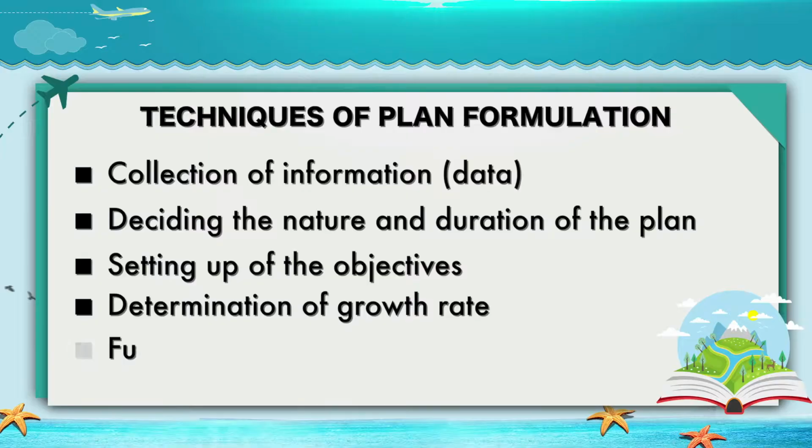If the capital output ratio is 1 to 3, then we will have to invest 60% of GNP. While defining the growth rate, the planner must keep in view the growth rate of other adjoining or developing countries. For example, in case of India, it is Pakistan, China, Sri Lanka, Indonesia, Bangladesh, etc.